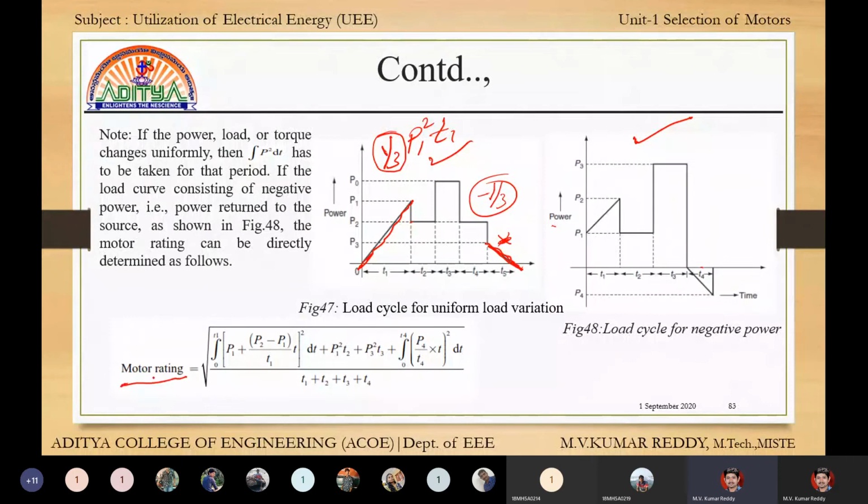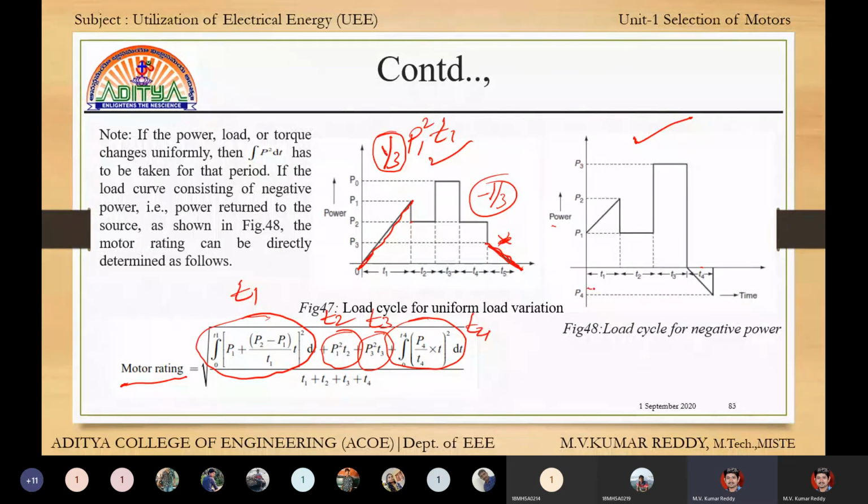Now this is the first term for T1, this is the second term for T2, the next one is the third term for T3, and the next one is for T4.